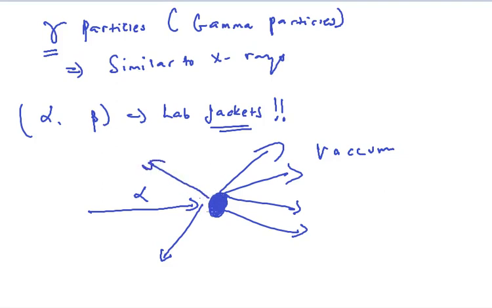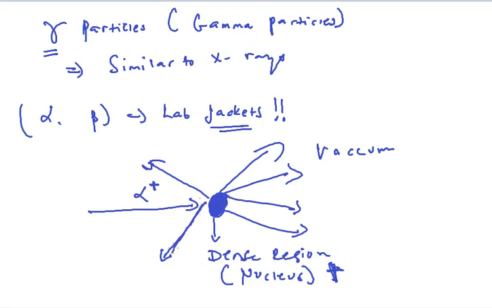So at the center there must be a very dense region, which he said is a nucleus with a positive charge. And he knew that alpha is also a positively charged radiation. So if alpha hits the positively charged nucleus, there is no way it can penetrate; rather, it is deflected.